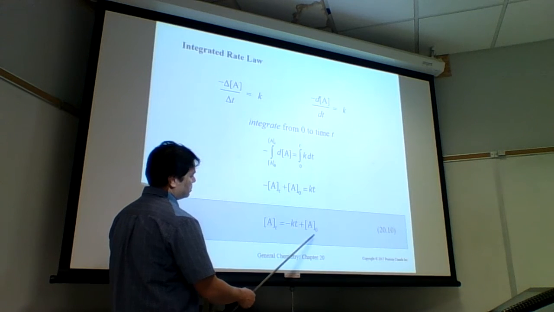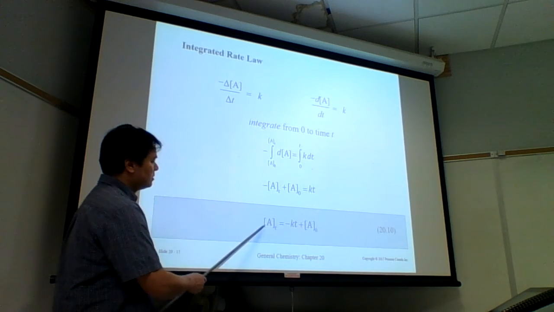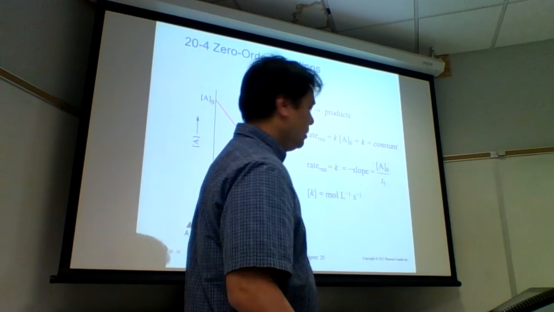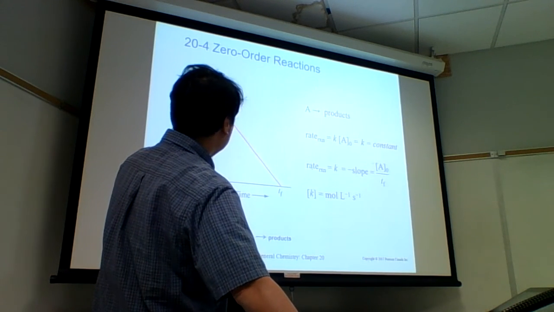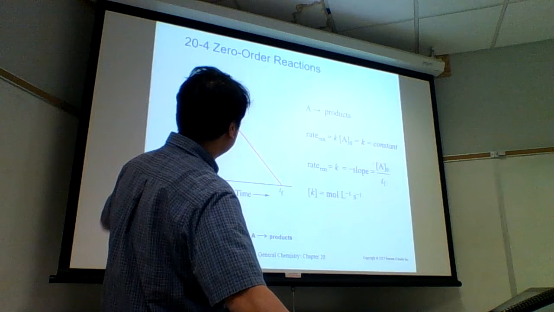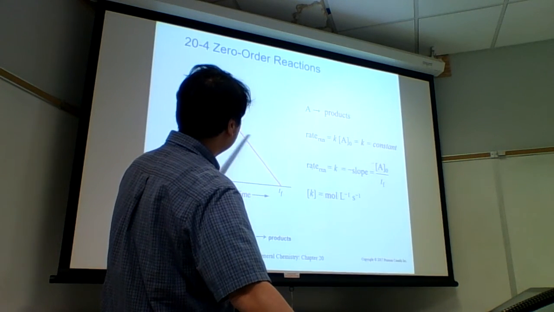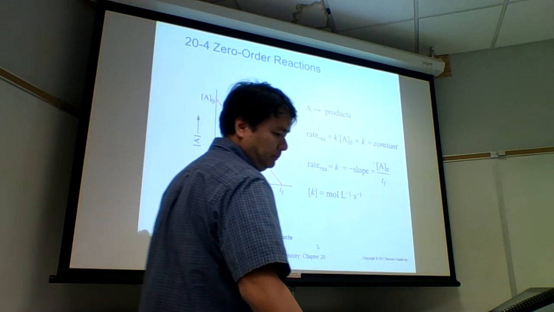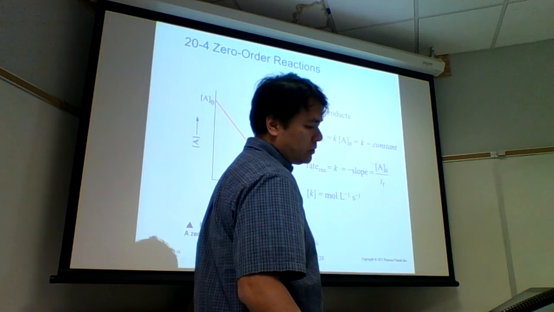A0 is the intercept here. We could have gotten this equation easily without calculus. We don't need calculus for that because the concentration of A is y, the slope is m, x is time, and the intercept is A0.